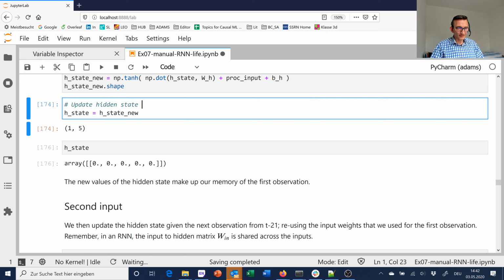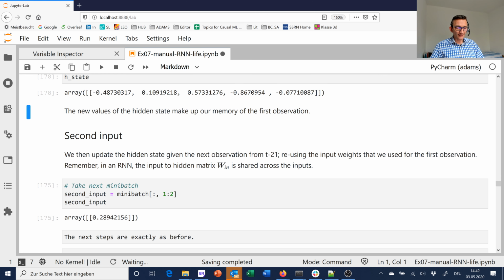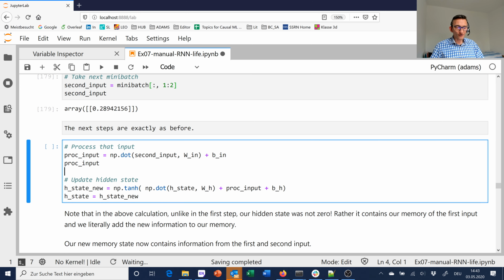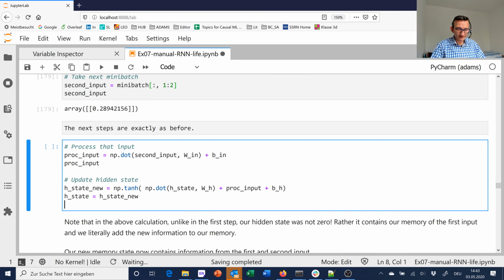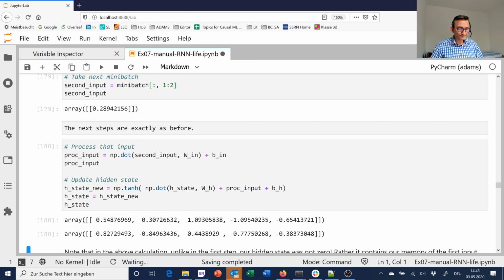I did not run that bit. This is the current hidden state from inputting the first price, the first element in our input sequence. That's the new hidden state. Now we take the second mini batch, we put that to our neural network, we update the hidden state, and get a new one.